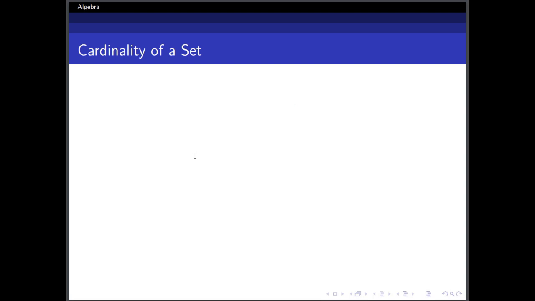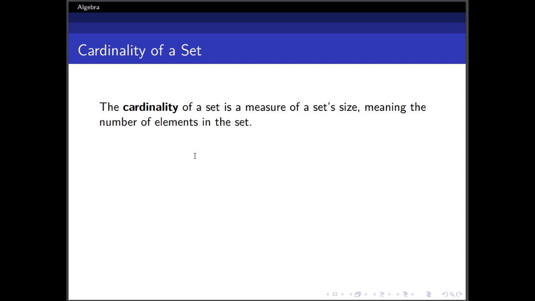Then one important definition, that is the cardinality of a set. The cardinality of a set is a measure of the set's size, meaning the number of elements in the set.